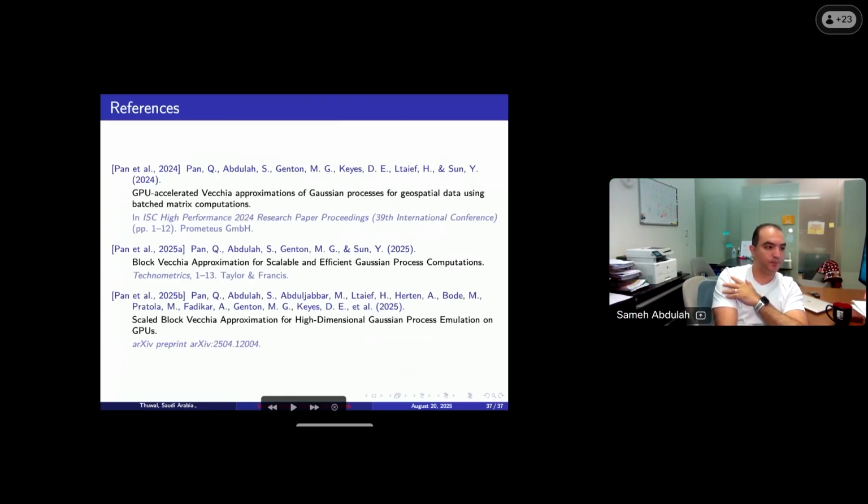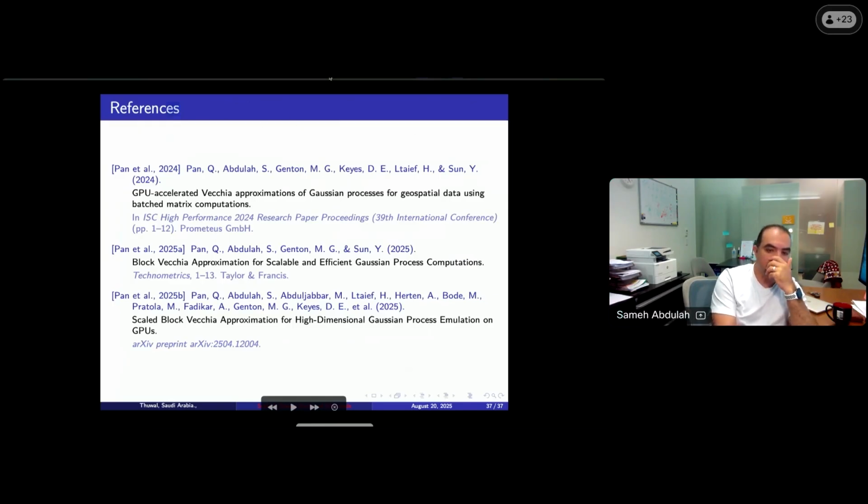Gaussian process modeling can be used in different applications, not just for climate weather modeling, and approximating it using VK approximation with different variants of it is very important. Reducing the power consumption across multiple GPUs is very obvious, as shown by our figure compared to the old method.